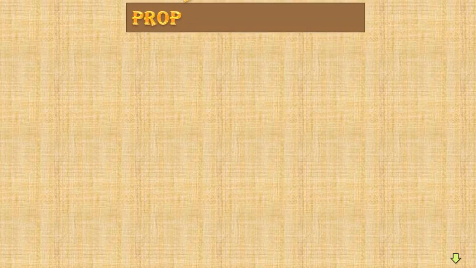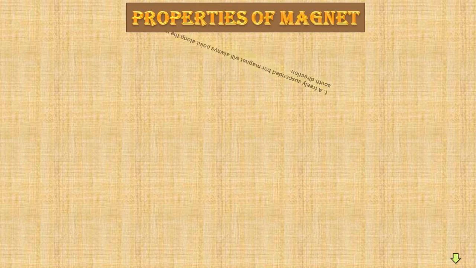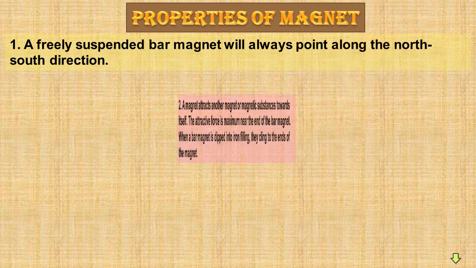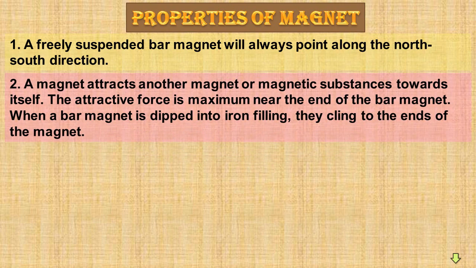Now let's see the properties of a magnet. First one, a freely suspended bar magnet will always point along the north-south direction. Second point, a magnet attracts another magnet or magnetic substances towards itself, that I told you earlier.